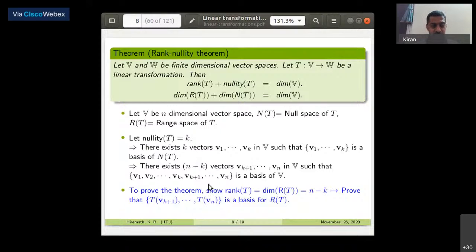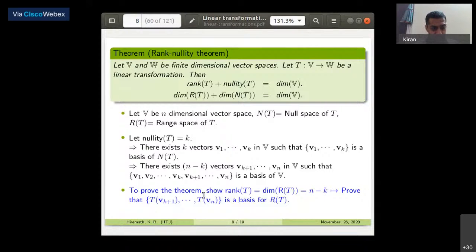I can take this set and apply T on it. What happens if I apply T on these elements v1, v2 till vn? The first k elements are going to be mapped to 0.